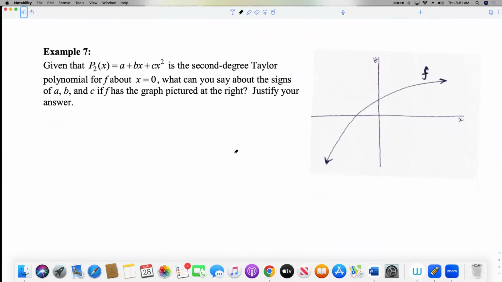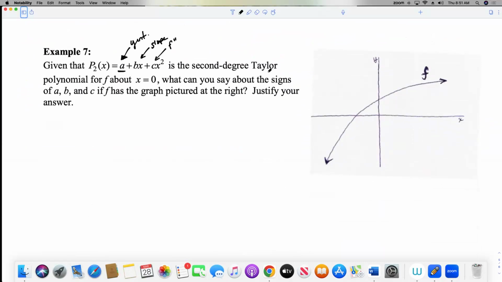All right, so now that we've learned that given a Taylor polynomial, the first term, if you remember, is your y-intercept. The second term, the b, comes from the slope. The c came from the second derivative, correct?